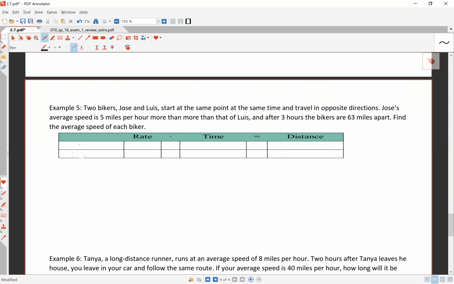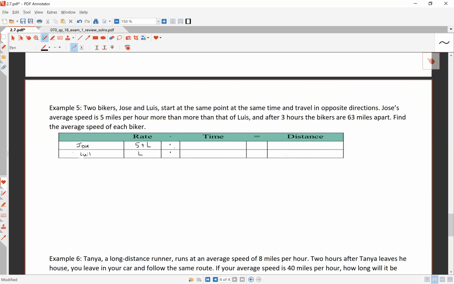First, the two people that are biking are Jose and Luis. Their rates, we're looking for miles per hour. Jose's speed or rate is 5 more than that of Luis. So if Luis's rate is L, Jose's is 5 more than Luis's.